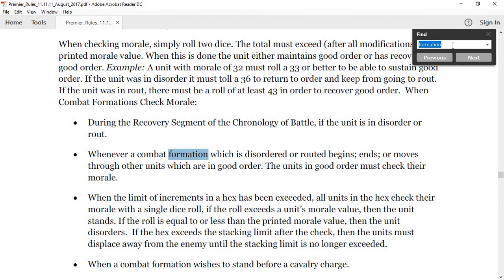Whenever a combat formation which is disordered or routed begins, ends, or moves through other units which are in good order, the units in good order must check their morale. These are when combat formations check morale.